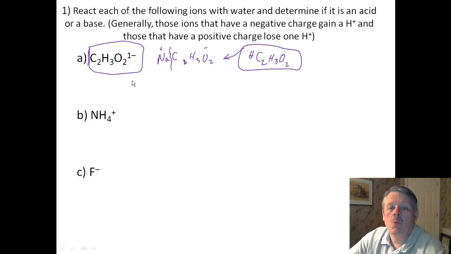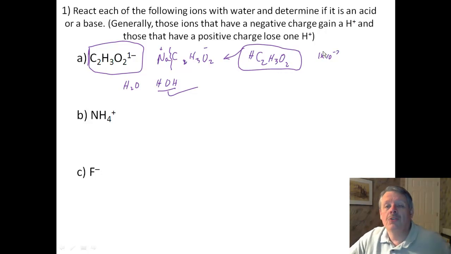Well, remember in water, which is H2O, or sometimes written as HOH, right? Water dissociates. So some of the water, remember we had a pH of 7, which means you have 1 times 10 to the minus 7th moles per liter of hydrogen ions in a liter of water. And a liter of water is a whole lot more than a mole, right?